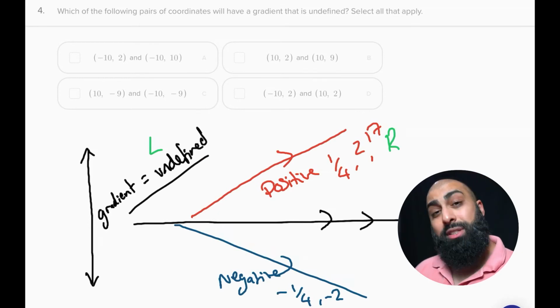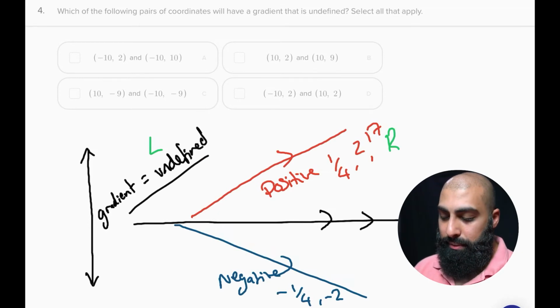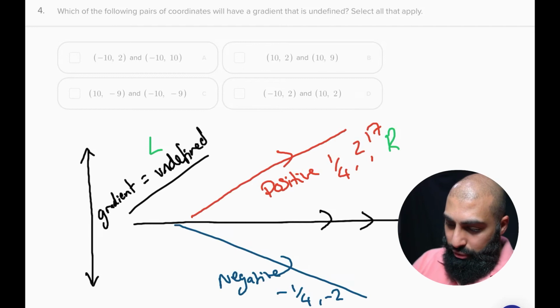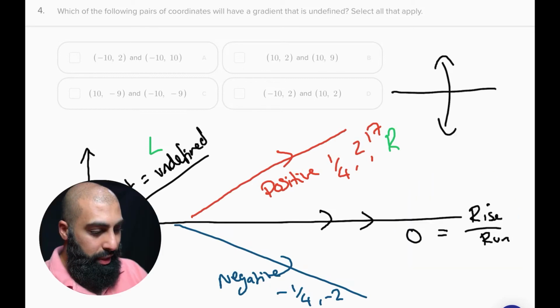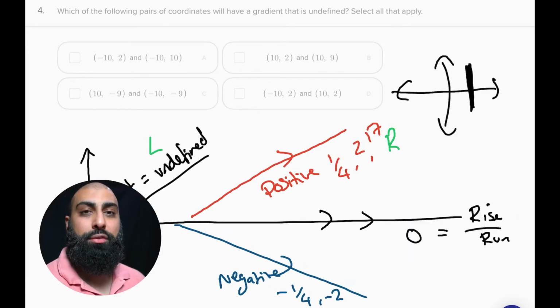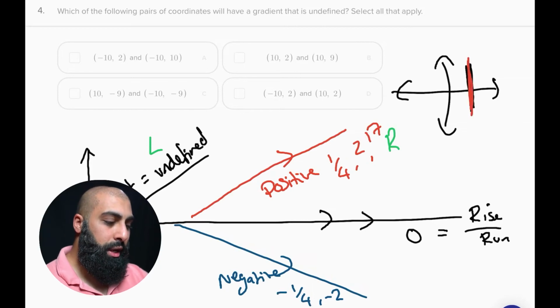So we're looking for something here. In fact, if I draw a grid here, if we look at this on a graph, a line that has a gradient which is undefined will be a vertical line going straight. In this example, the value of x will be constant. X will be some value that will always be constant. So for example, here it might be x equals 3.